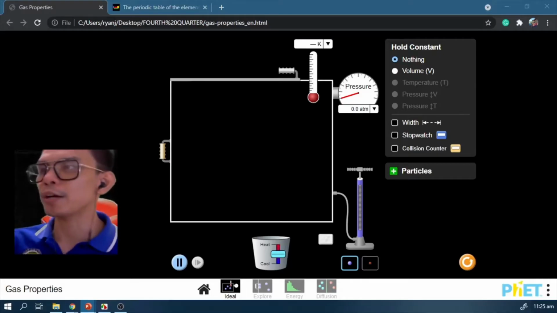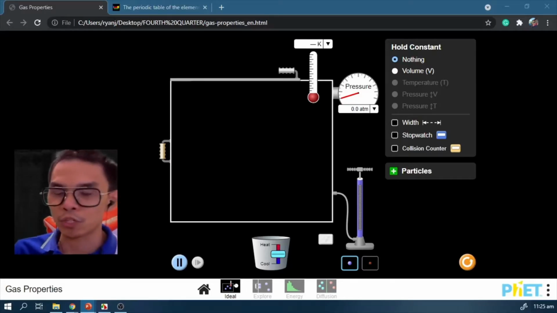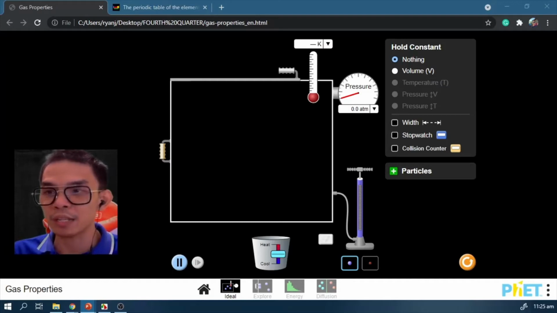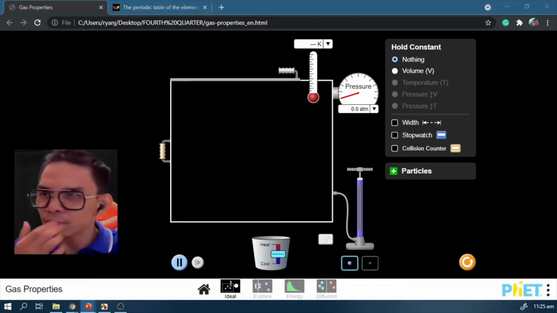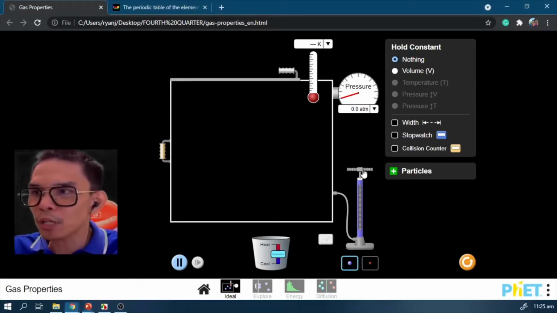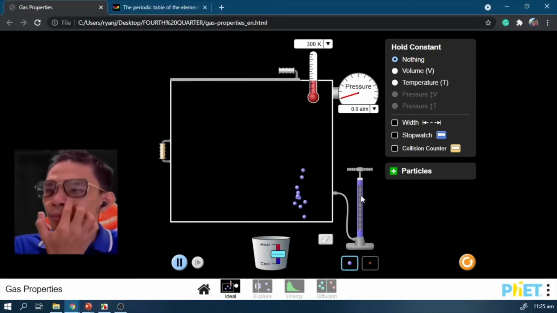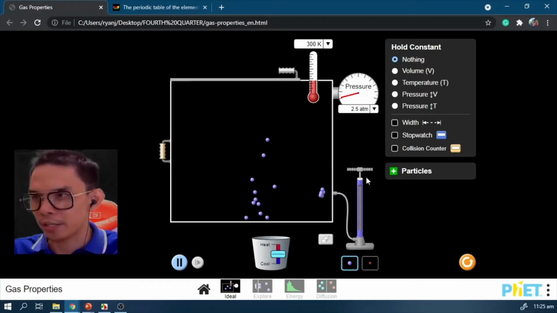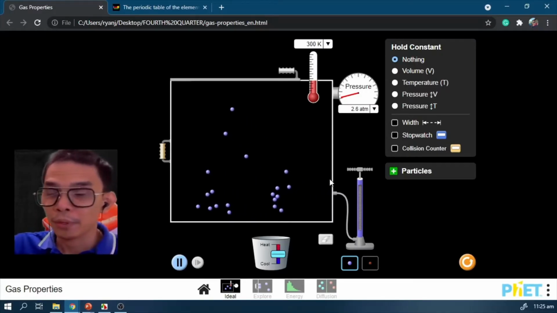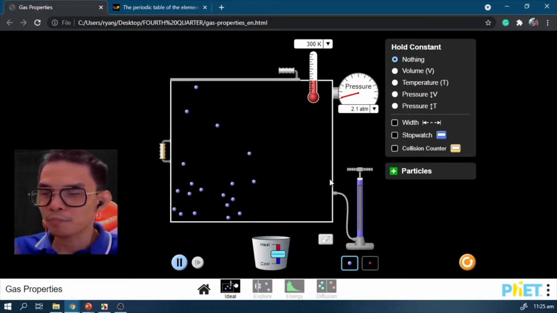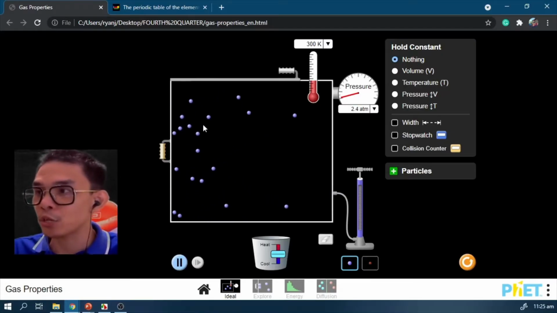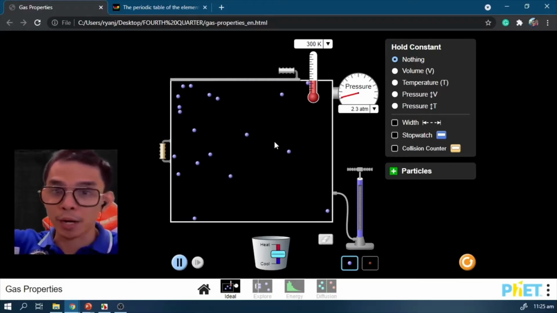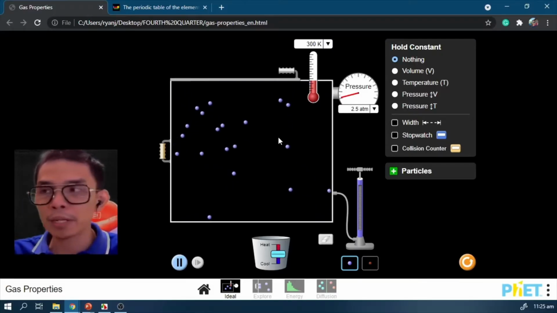So we have right here a simulation that will showcase the differences between real and ideal gas. In an ideal gas, since the molecules are sparse, we treat these molecules as dimensionless points. What do we mean by sparse?